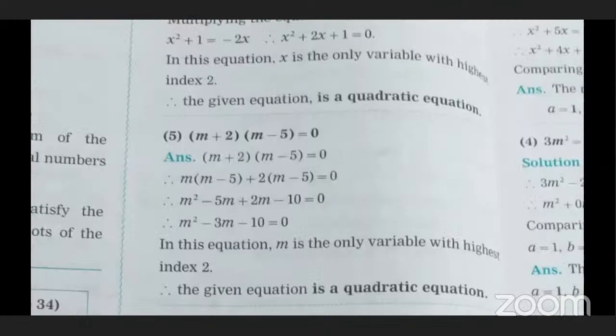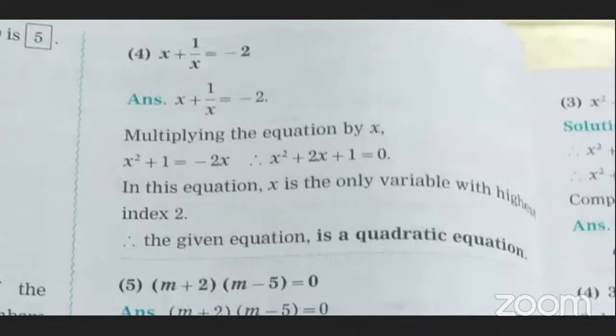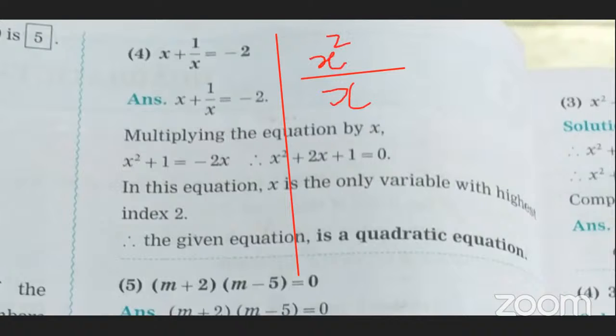Question number 4. x plus 1 upon x is minus 2. Solve it. Take x as LCM. x square plus 1, cross multiply, equals to minus 2, and x square plus 1, cross multiply once again, equals to minus 2x.